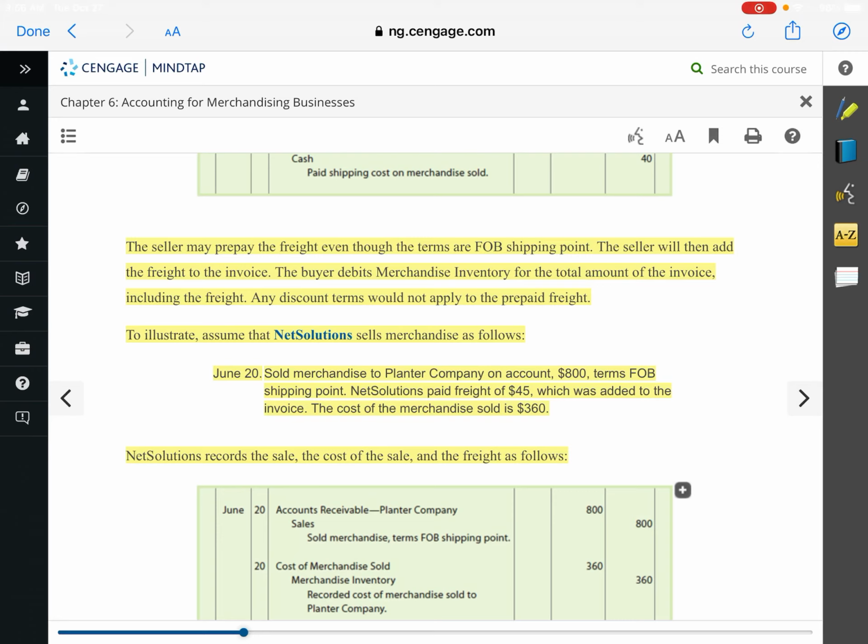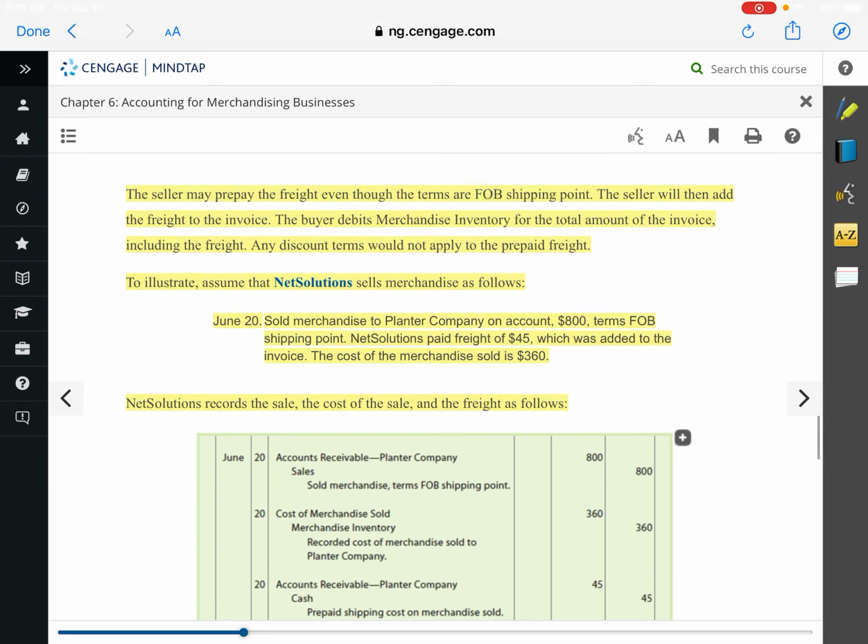But who paid for the freight? We did, the seller. And freight is always paid in cash. So we would credit cash of $45 because we paid for the shipping, but then the customer is going to reimburse us. So the customer's total bill is $845. Does that make sense? You guys see the difference there? That's a little bit different than the one we just looked at.